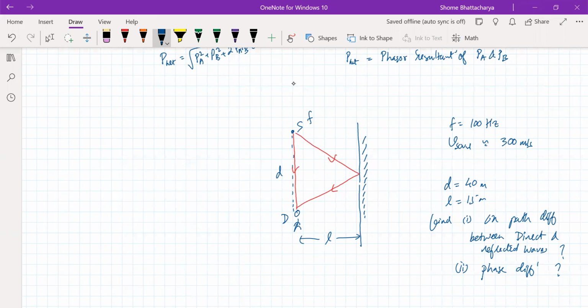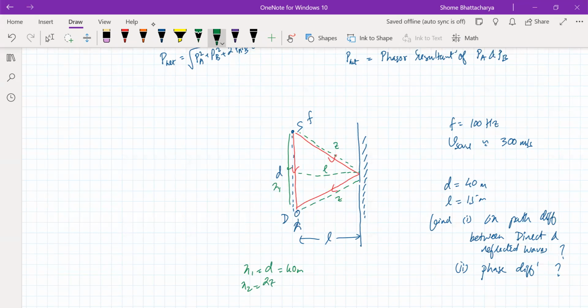Okay, people. So let's understand this. You can see that the direct path, we can take this as the first path, x1. So x1 is equal to d, which is given to us as 40 meters. But x2 is basically, if we take this to be z and then this to be z, you can apply Pythagoras theorem.